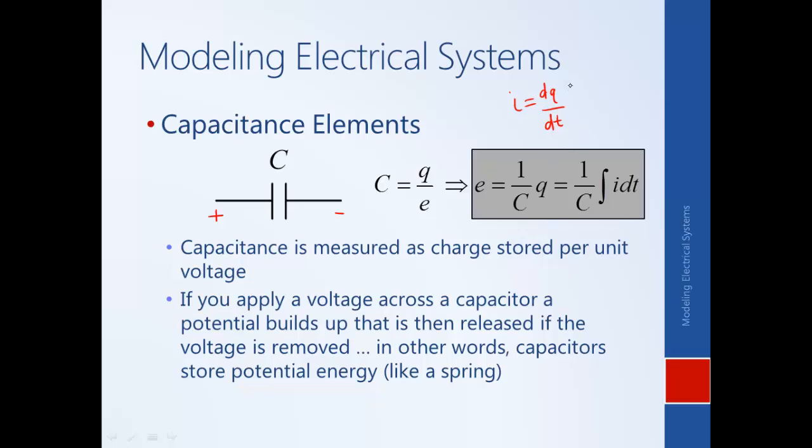Up here, we have that current is the time derivative of charge. The inverse of a derivative is an integral, and so we can, in essence, multiply dt to the other side, and we can integrate both sides to get an integral expression of current in place of charge.